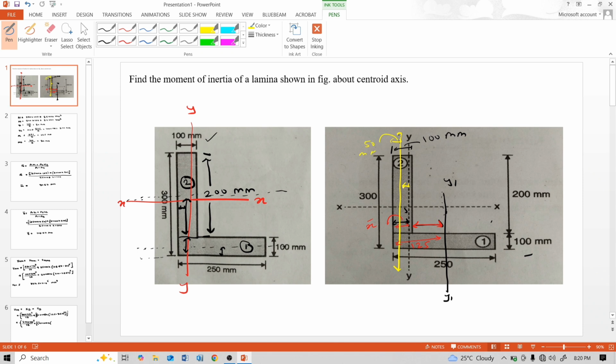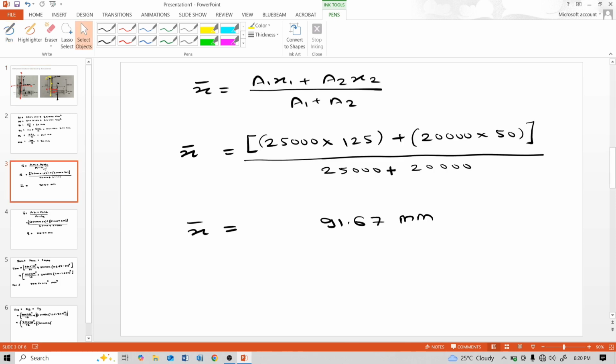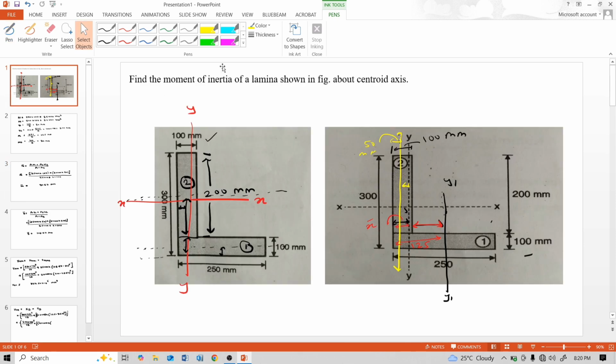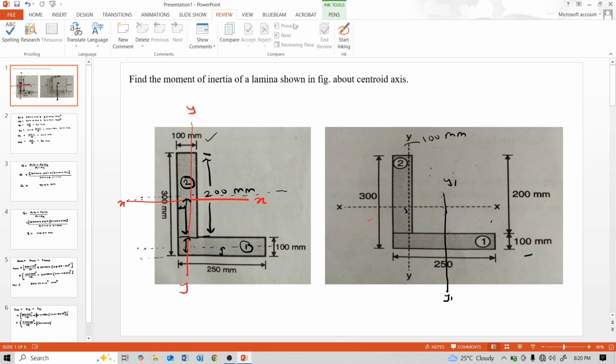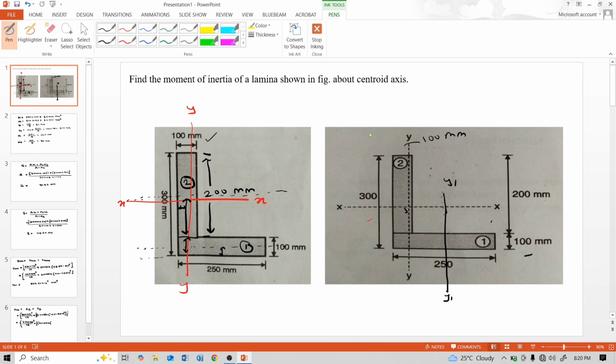X bar is 91.67. The total distance is 100 mm.